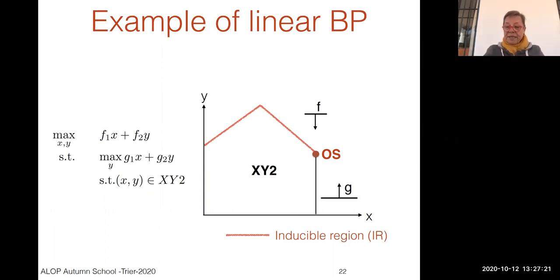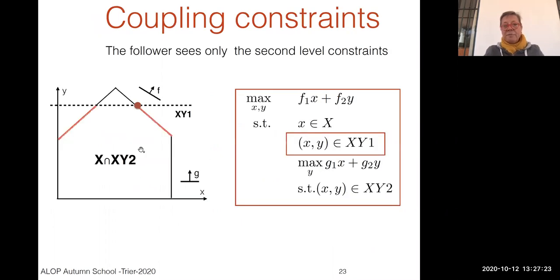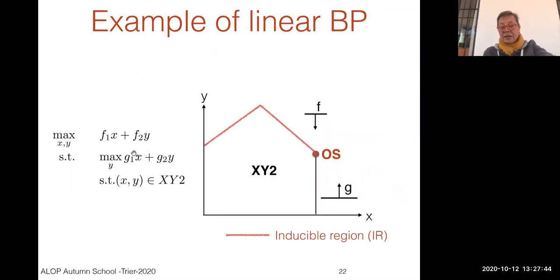Here we have no coupling constraints. Here I have a coupling constraint. What happens is that now I keep this property, my inducible region is made of the union of faces of the high point relaxation, but it is not necessarily connected anymore. So if you do not have coupling constraints, the inducible region is connected.